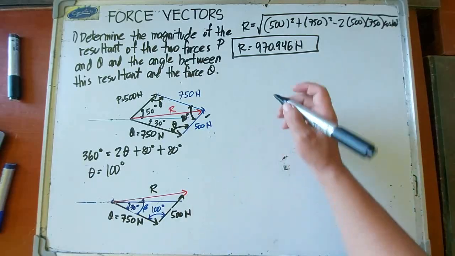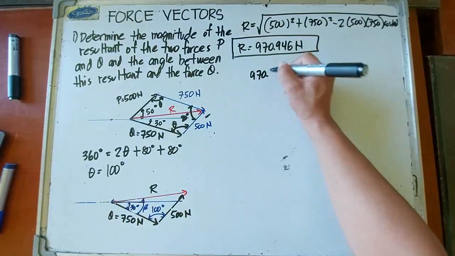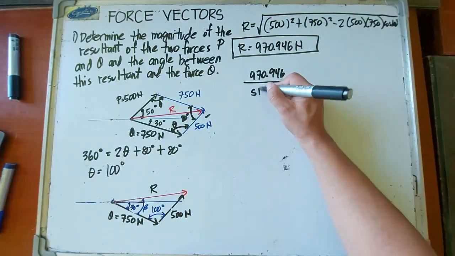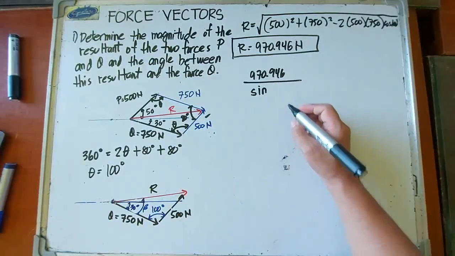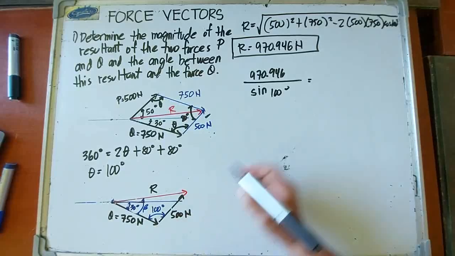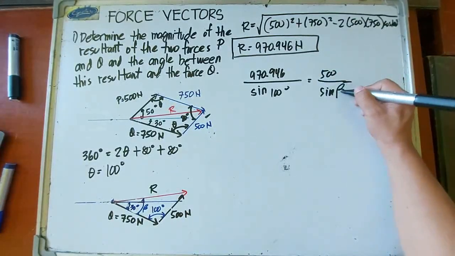So solve natin. So the resultant is 970.946 divided by sine of 100 is equal to 500 over sine of beta.